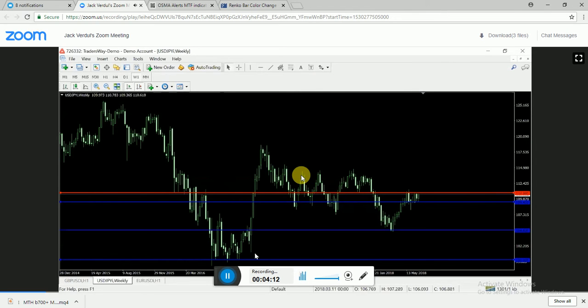Because look here, this is the low, and then it went up, consolidated, down for retracement, and then boom, it finally made a higher low right here. This is the first low, went up, made the higher low.